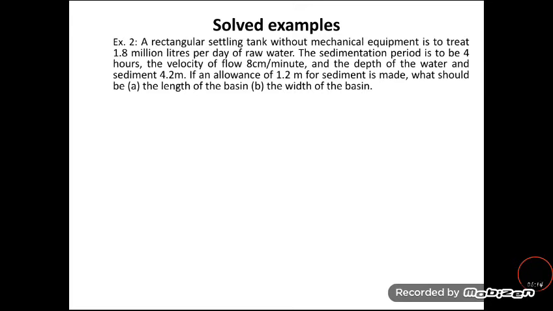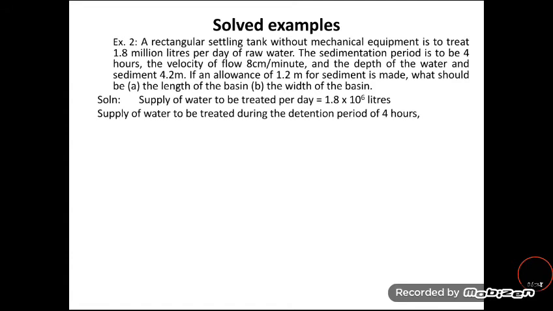If an allowance of 1.2 meter for the sediment is made, then what should be the length and the width of the basin? This is the dimension of the basin they are asking. In this, the supply of water to be treated per day is given as 1.8 into 10 to the power of 6 liters, that is, 1.8 million liters per day.